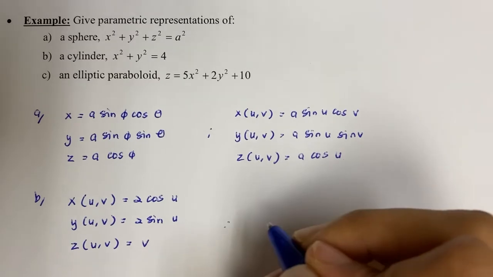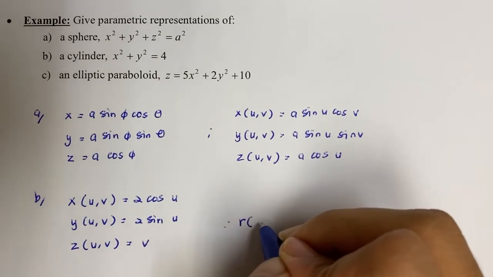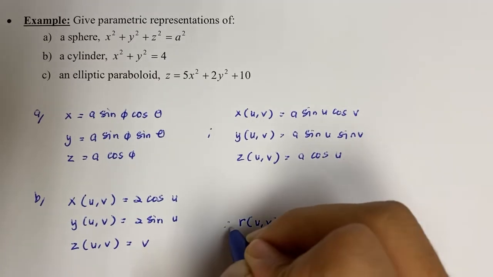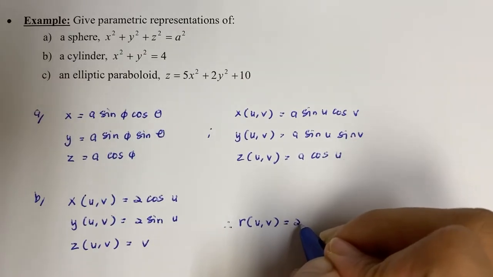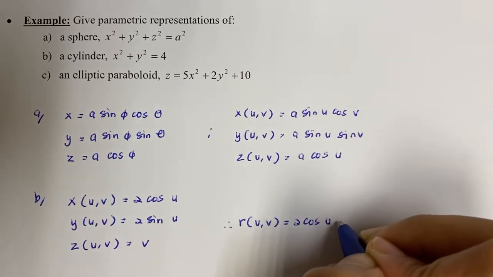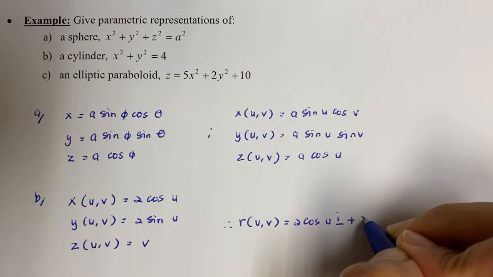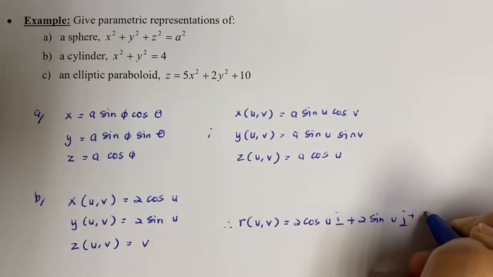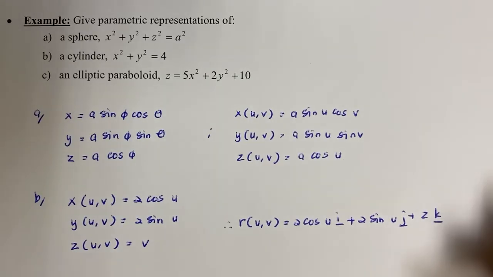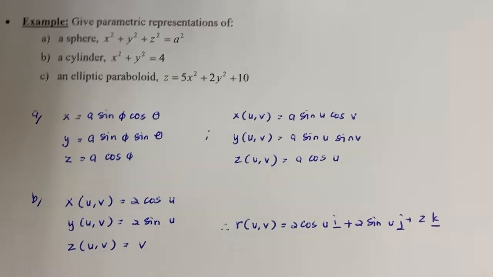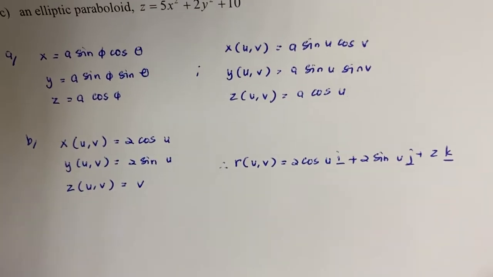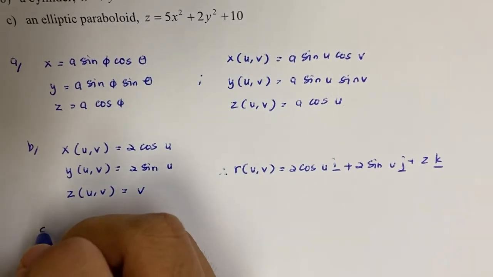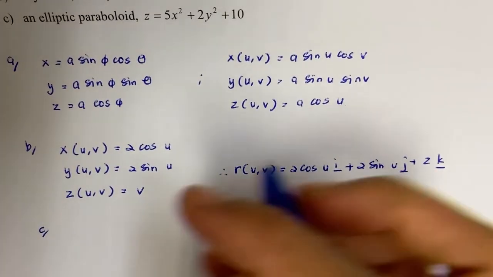This can be written as r(u,v) equal to 2 cos u i plus 2 sin u j plus v k.